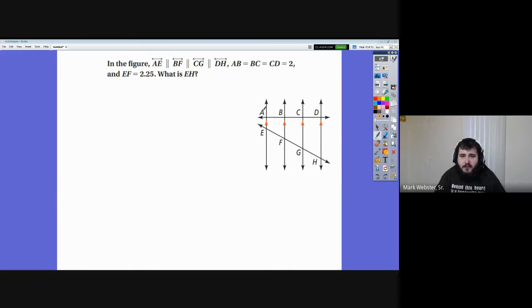They're telling us that AB, BC, and CD are all 2. They're telling us that EF is 2 1/4. What does that mean about FG and GH? They also better be 2 1/4. Right? So now let's actually look at what it's asking.